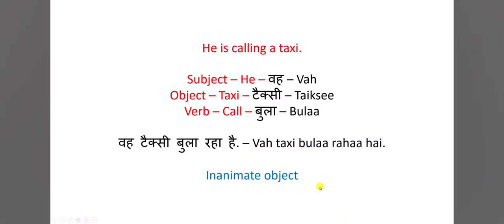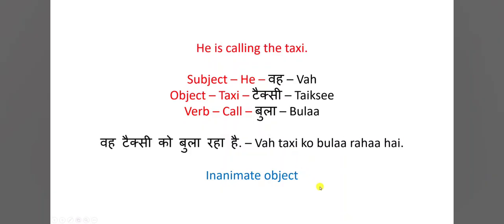But if you use the postposition ko with an inanimate object like this, then the ko will have the same meaning as the. वह टैक्सी को बुला रहा है.